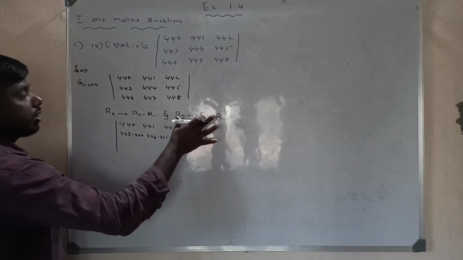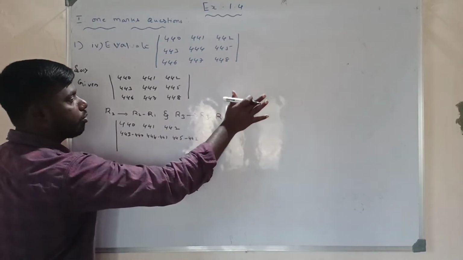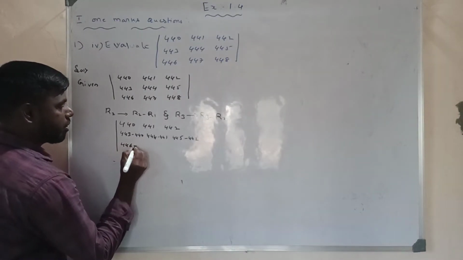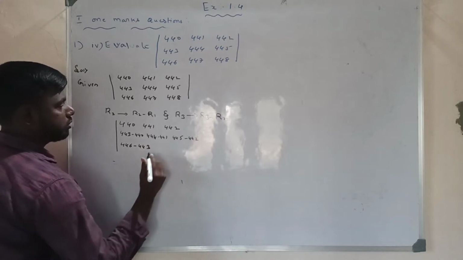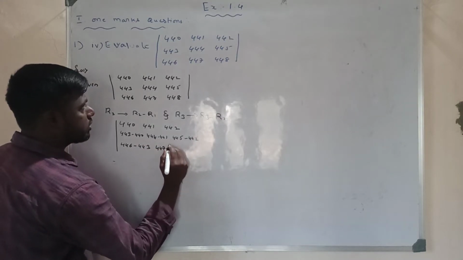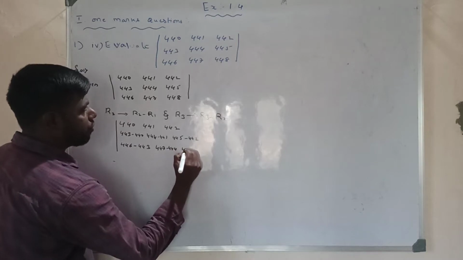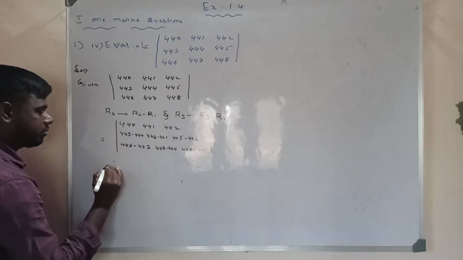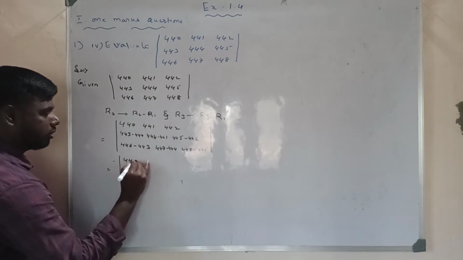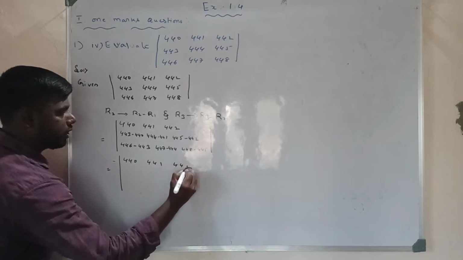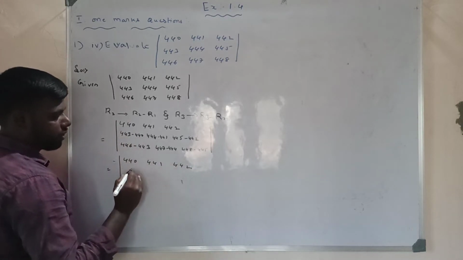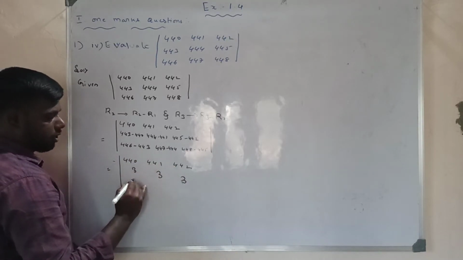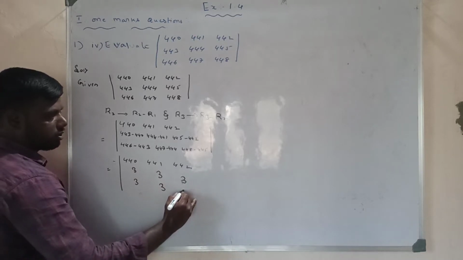Third row changes to third row minus second row: 446 minus 443, 447 minus 444, 448 minus 445. Now simplify. 443 minus 440 is 3, and every other difference is also 3.